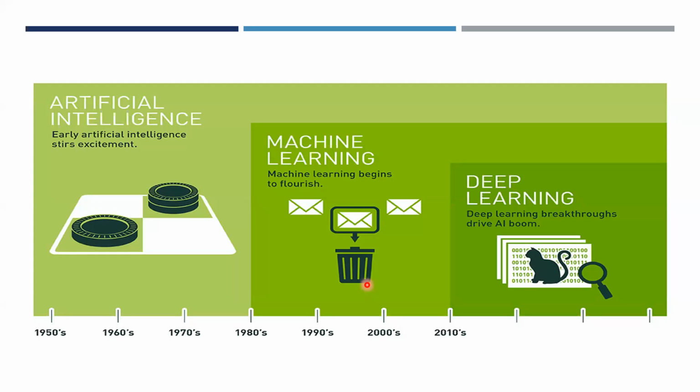But from 2012, many people started using deep layers of neural networks and graphics processing units, deep learning became powerful, and many products started coming out using it. So you should understand that machine learning is a subset of artificial intelligence, and deep learning is a subset of machine learning, where you're using deep layers of neural network powered by GPU.